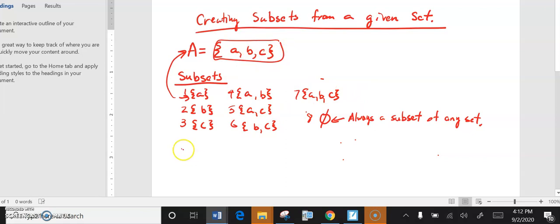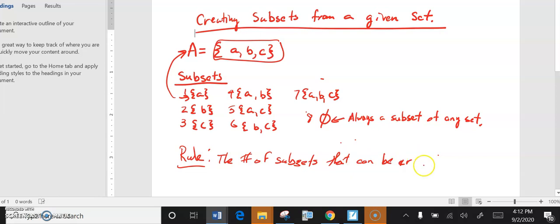Well, here's the rule. The number of subsets that can be created from a set with n items or members is, and here's your formula, 2 to the power of n.